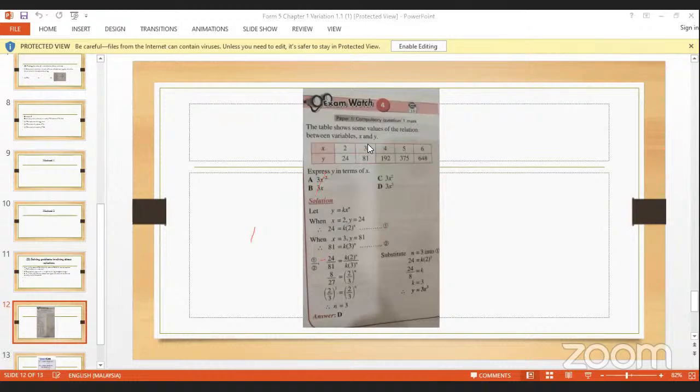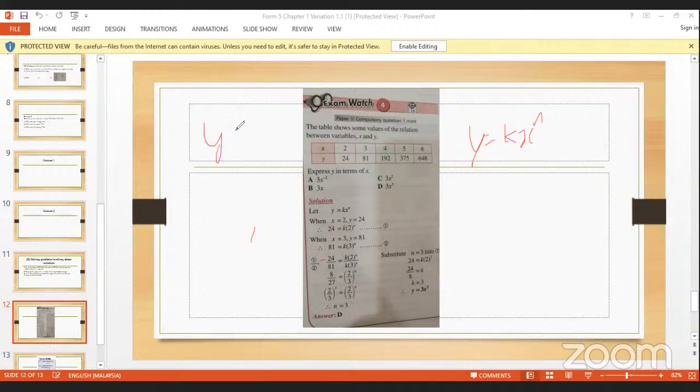The table shows some values of relations between variable x and y. Express y in terms of x. If you look at that, there are -2 in the multiple choice options. There are also square, cube in the multiple options. So it generally becomes y equal to kx^n. So you sub in this formula.